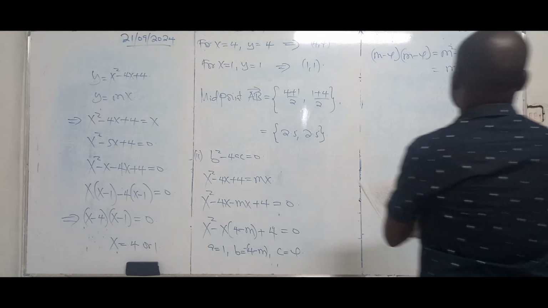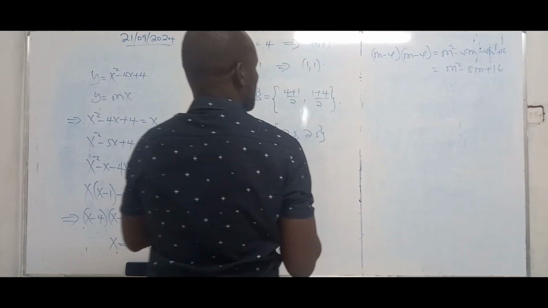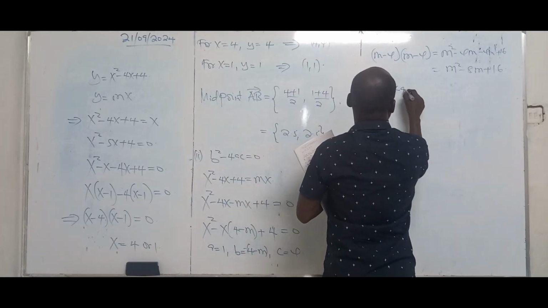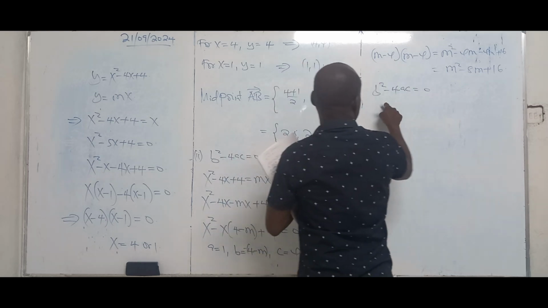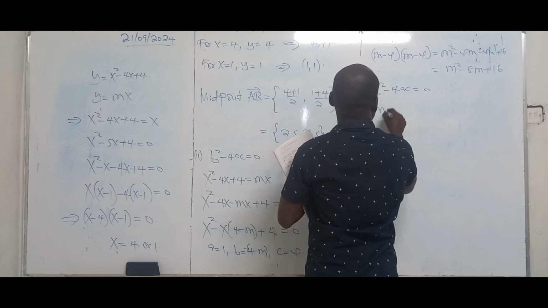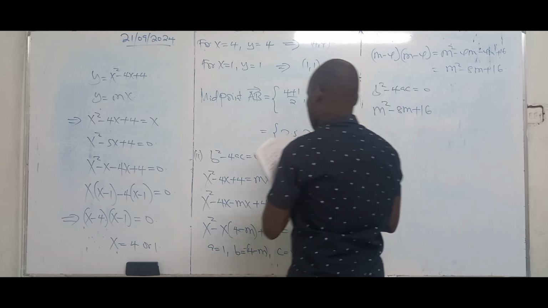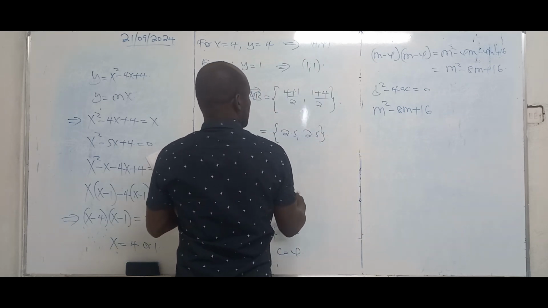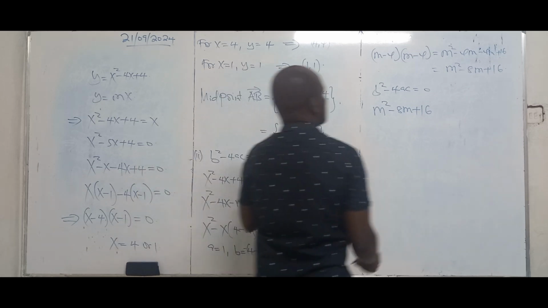But then my initial condition was that b squared minus 4ac should have been 0. And my b squared is now this, so I have m squared minus 8m plus 16. That's b squared minus 4ac. So 4 times 1 times 4, that is 16.